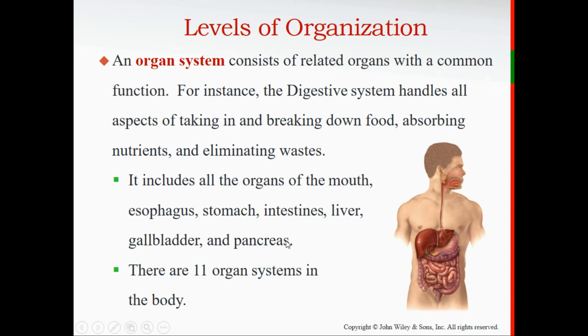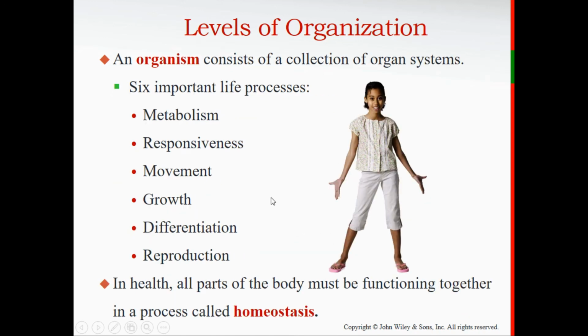So they're referred to as accessory structures. And as I alluded to earlier, there are 11 organ systems in the body. The organism consists of a collection of all of the organ systems. And here we have a pretty good representation of the organism of the human animal.